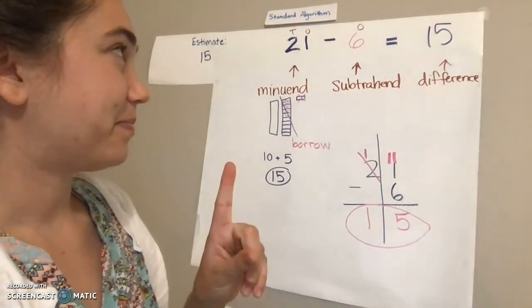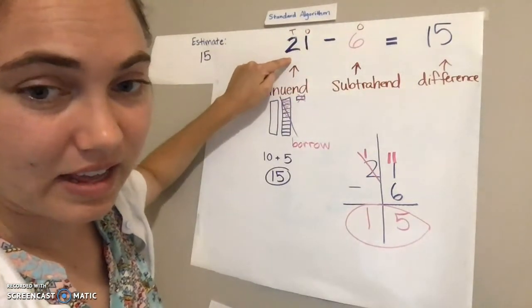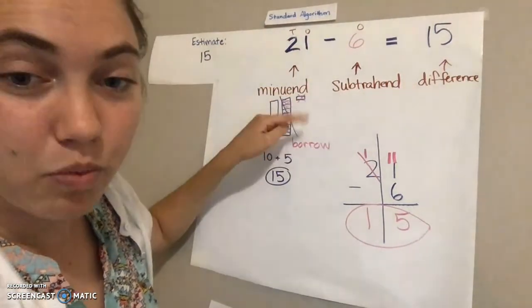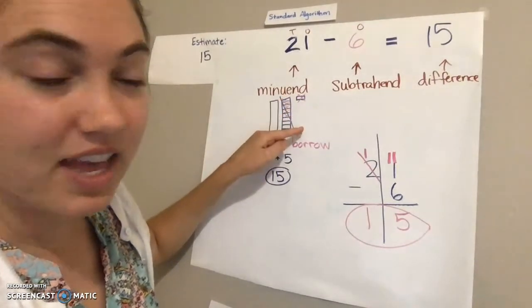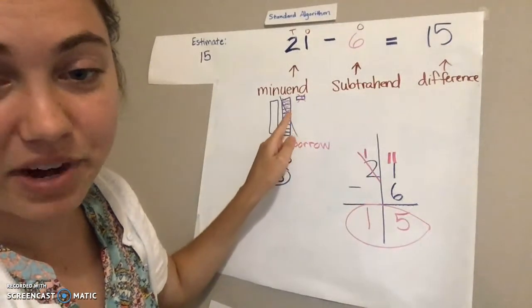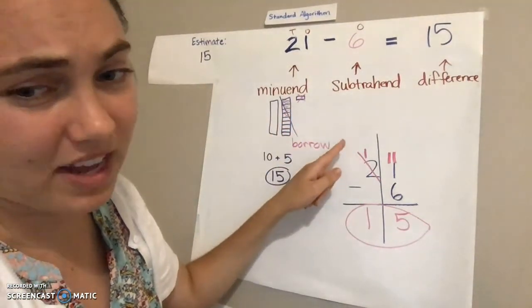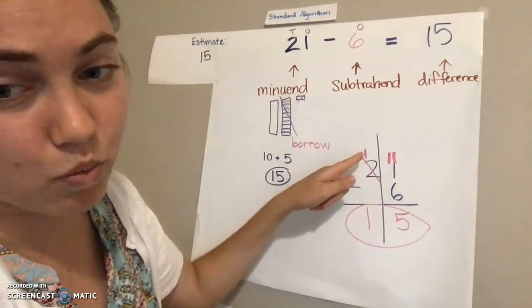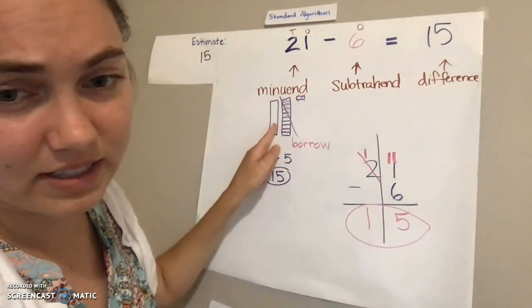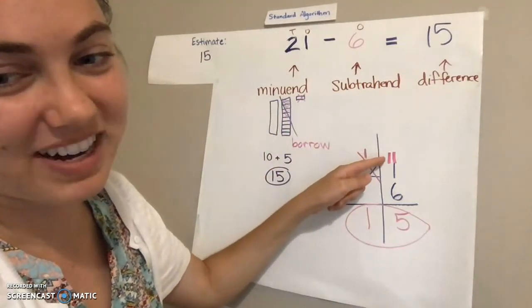So remember, we were taking away 6 from 21. But we didn't have enough ones, so we had to cross out a 10 and break it up into its ones to find enough ones. So we had to take away a 10. We were only left with 1 10. But we were able to add some more.